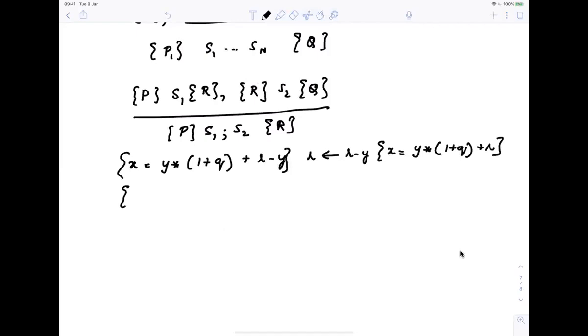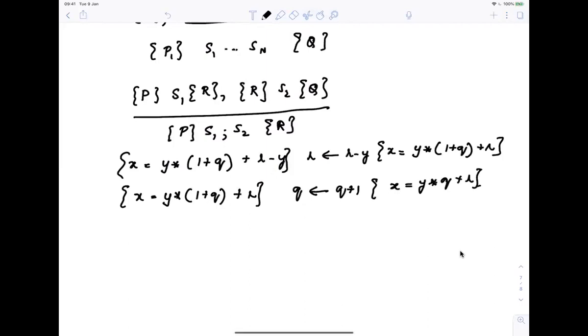Now we start with this: x is equal to y star (1 plus q) plus r, and then suppose I make this assignment, q is equal to q plus 1, then what do we get? We get x is equal to y star q plus r.